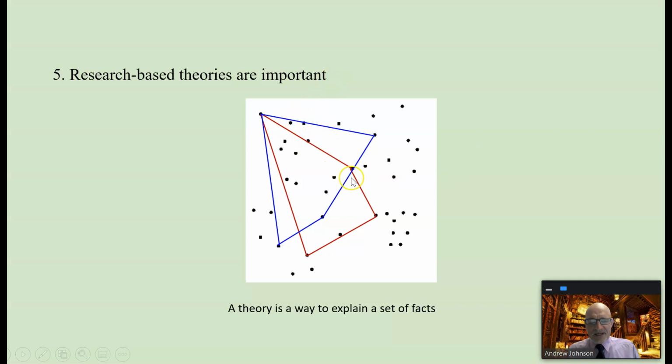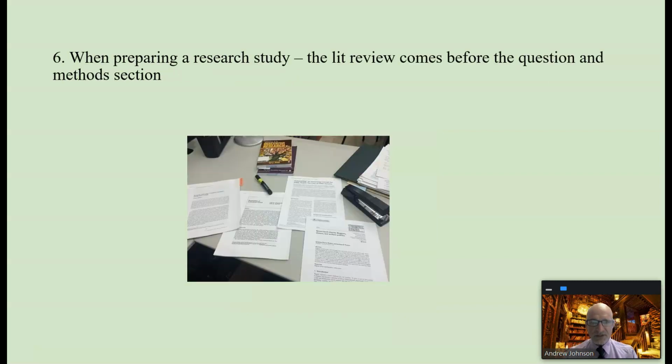Each one of these data dots could be facts related to specific research studies, and a theory connects the data dots to explain phenomena. All right, so it is very appropriate to use research-based theory, as long as it's found in a peer-reviewed journal, to include that in your review of the literature.